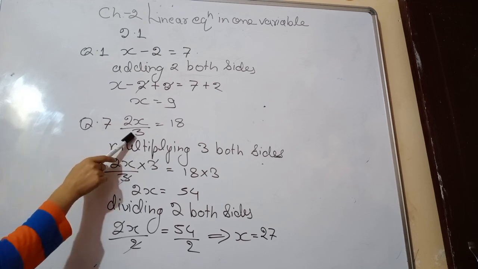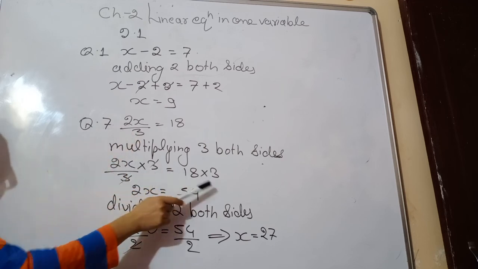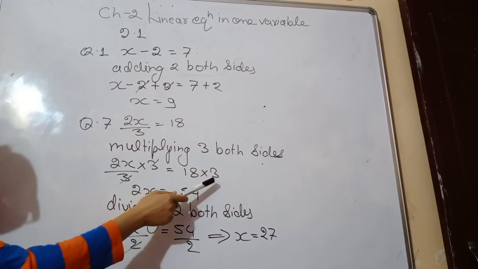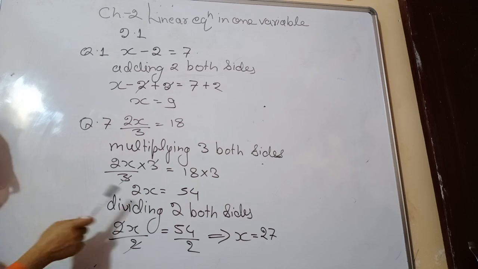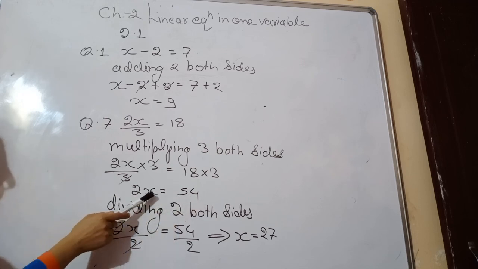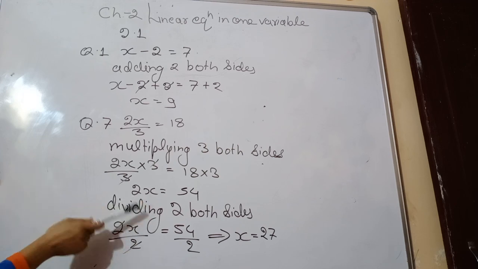So which constant is given in divide? 3 is given in divide. So 3 we have to multiply both sides. From here 3 cancels out, and here 18 3s are how much? 54. Now this is the simple form: 2x is equals to 54. Now these two are in multiplication. So if the numbers or the variables are in multiplication, we have to perform the division operation, because the opposite of multiply is divide.